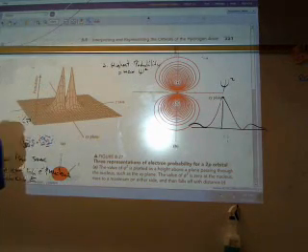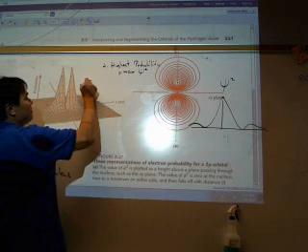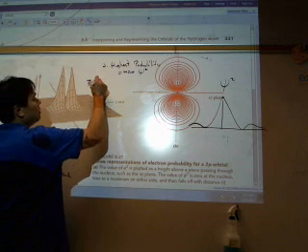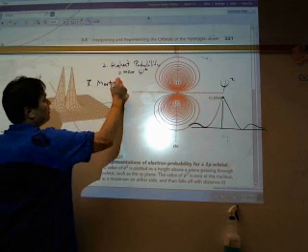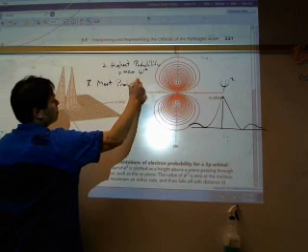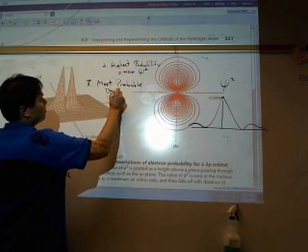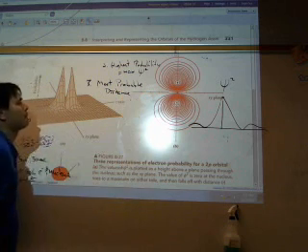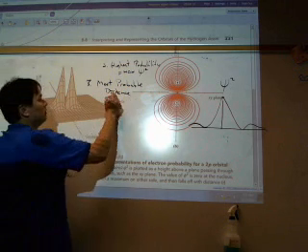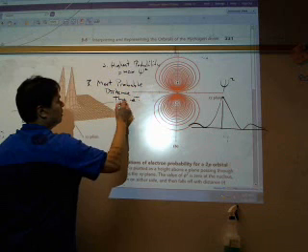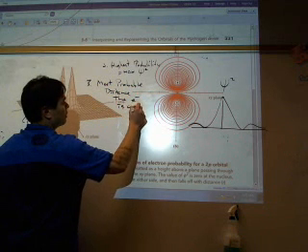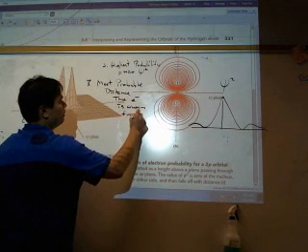But we also have to know B, the most probable distance. The electron is away from the nucleus.